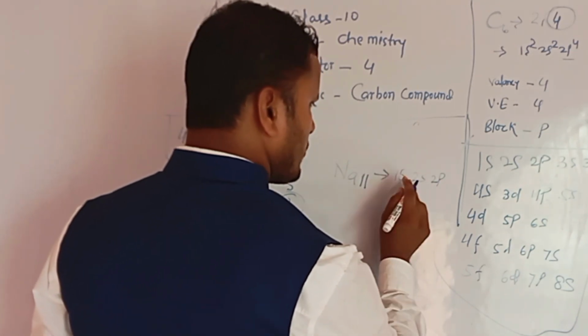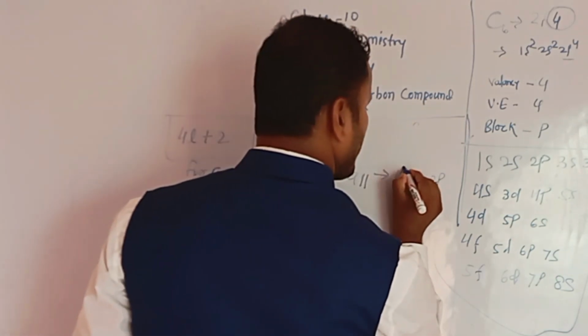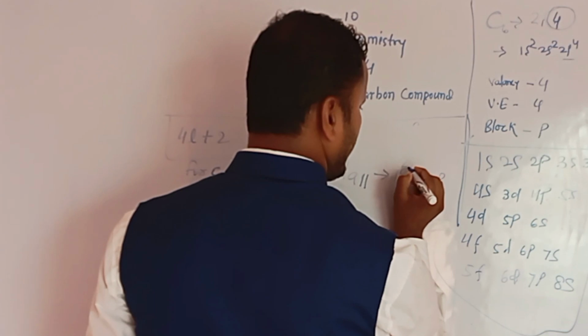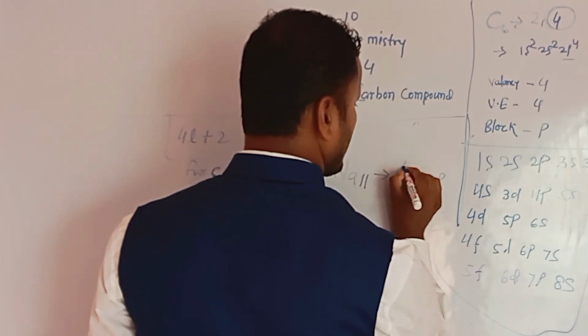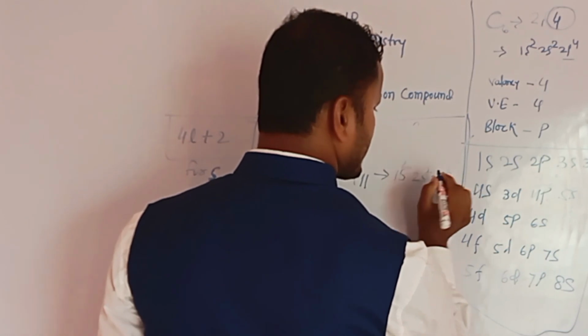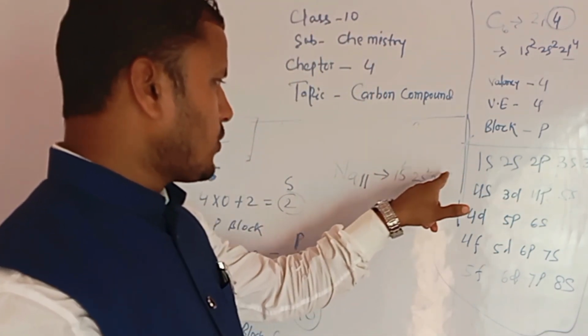Then first of all, 1s is 2, because in s block 2 electrons can live easily. 1s2, 2s2, 2p6. We have to add it: 2, 2, 4, 4, 6.